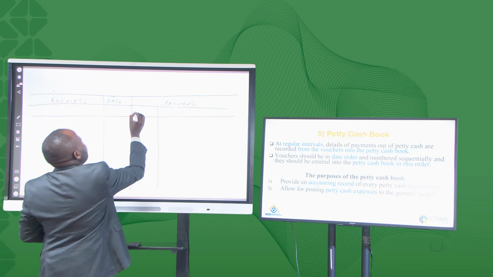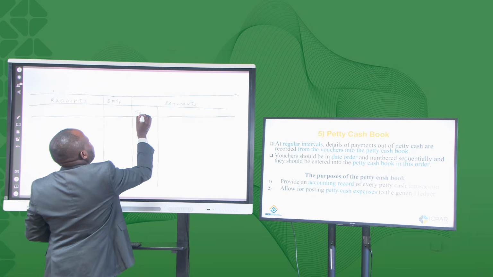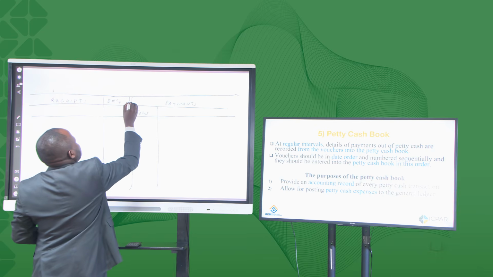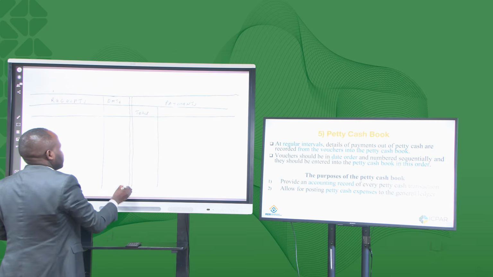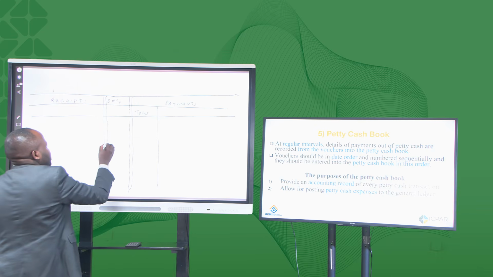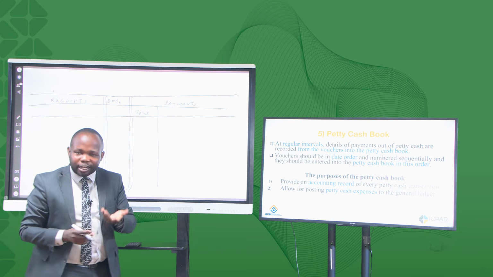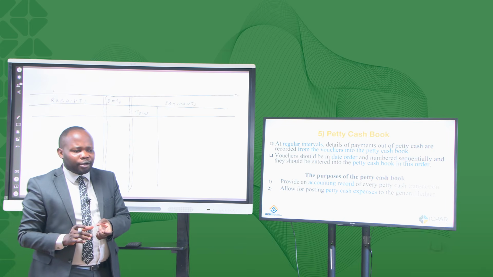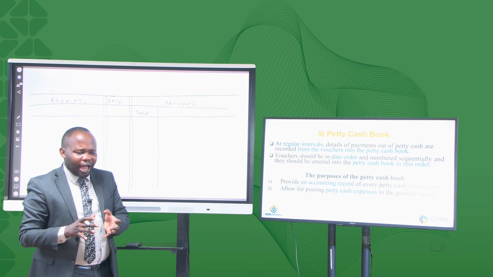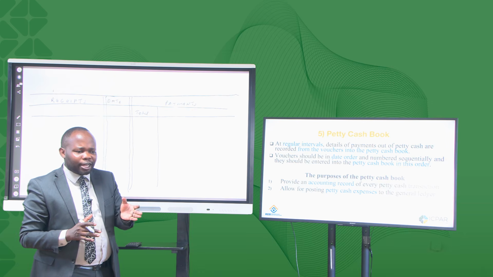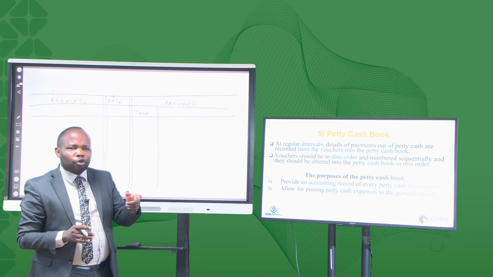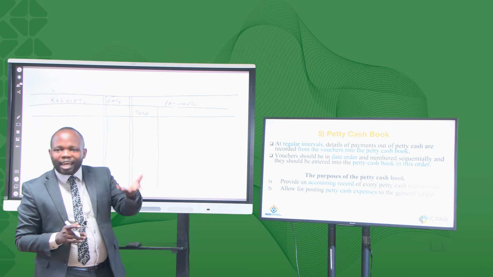And here, we'll be posting the total amount that has been spent. For example, if we gave the accountant or an employee some amount to go and buy some stamps.